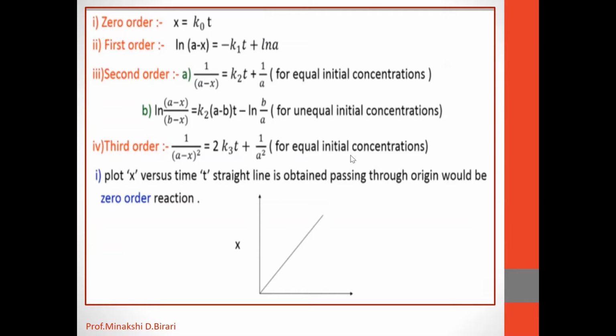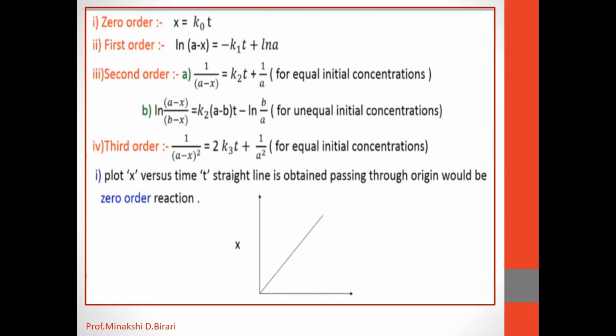It is for equal initial concentrations. So if we plot the graph for zero order, first order, second order and third order reactions, we get the value of the order of reaction and also the rate constant k.